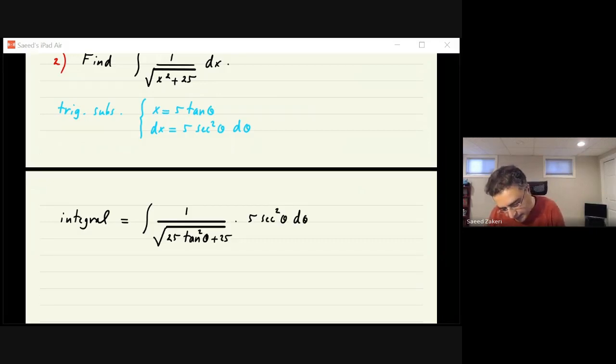And now this thing is 25. If you factor 25, tangent squared theta plus 1, which is secant squared theta. And then since I'm taking the square root of this, the square root of that will be 5 times secant theta.